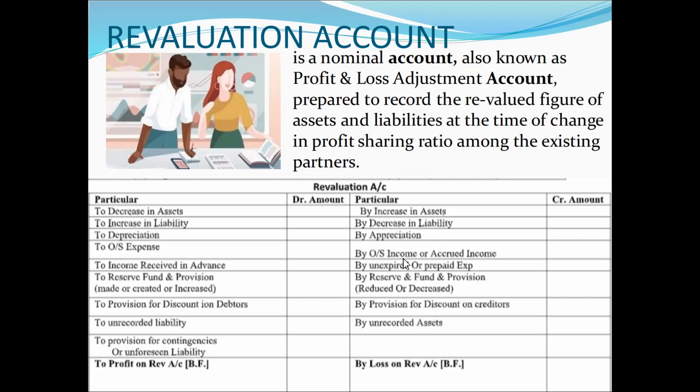Then outstanding income or accrued income, and then unexpired or prepaid expenses. Prepaid expenses mean next year's expenses that you paid in advance.